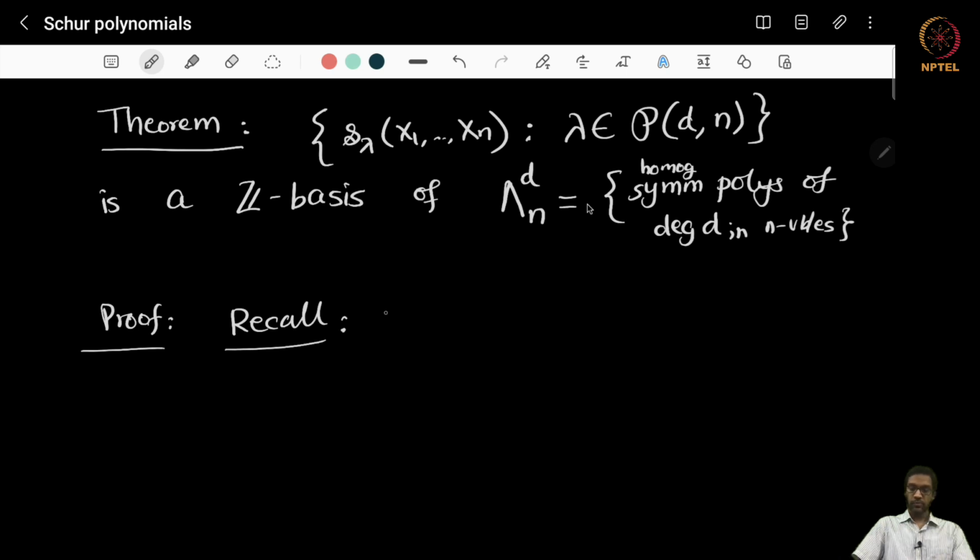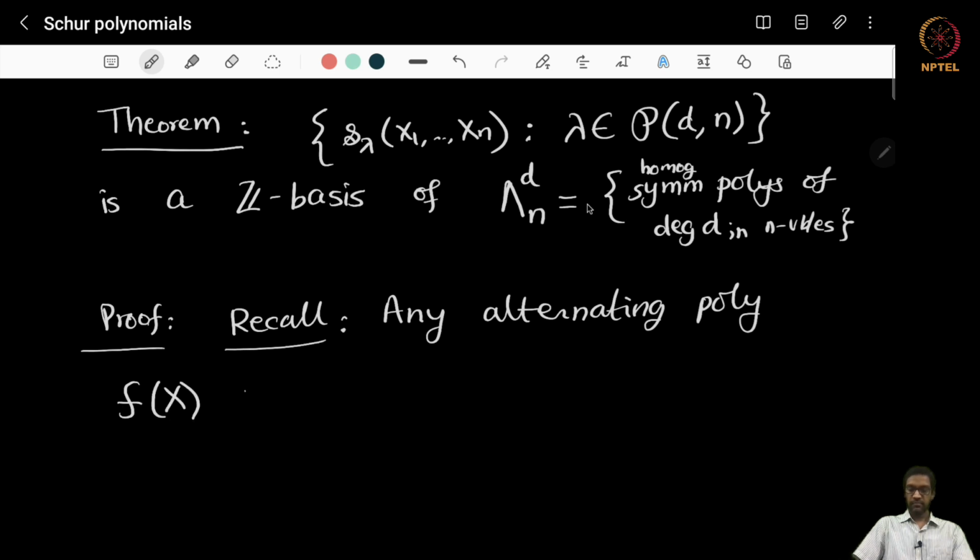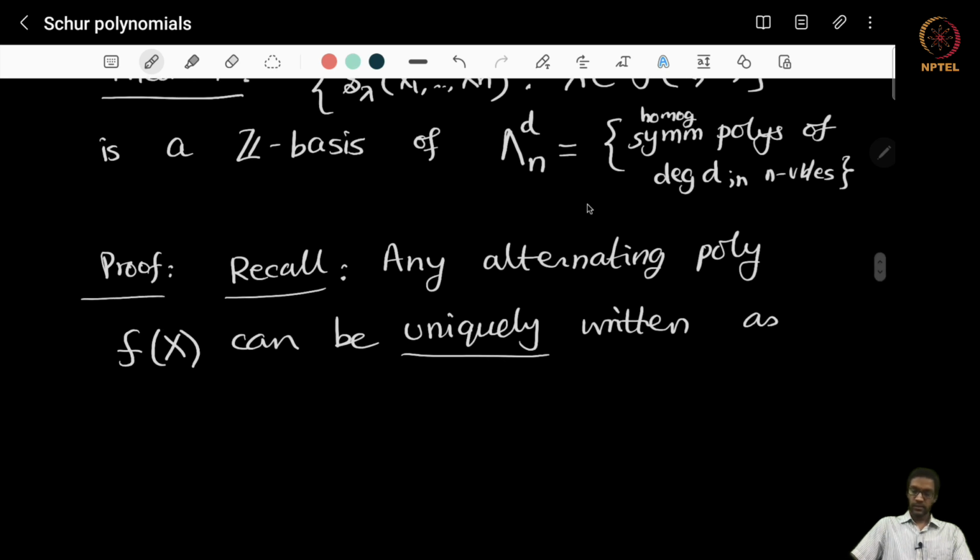Any alternating polynomial f in n variables x can be, in fact can be uniquely, written as a linear combination of the alternates A lambda plus delta, with lambda varying over weakly decreasing n tuples, and these constants are all integers. We didn't quite emphasize the uniqueness when we proved this, but it's more or less clear from the proof and the same argument we used earlier to show that the monomial symmetric functions form a basis for the symmetric polynomials.